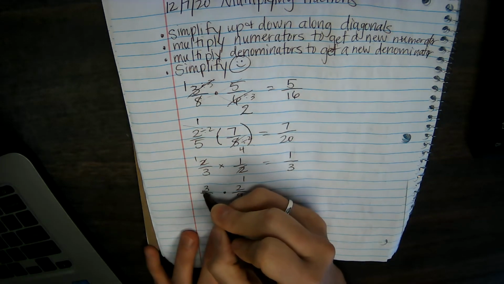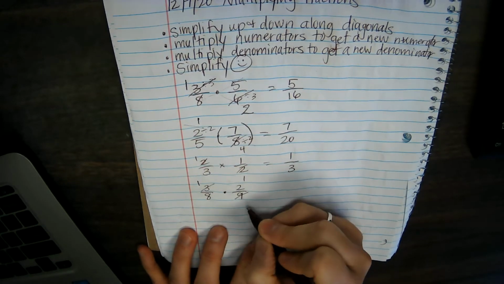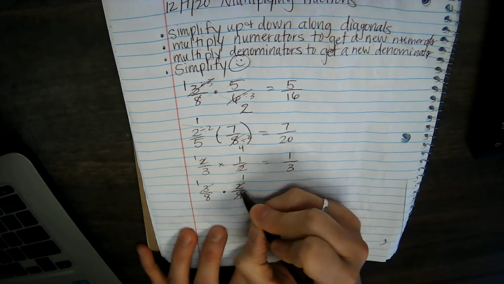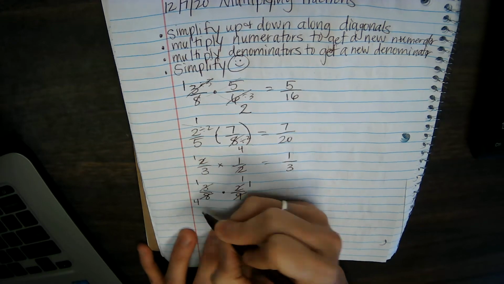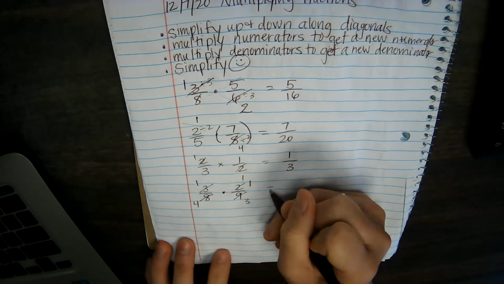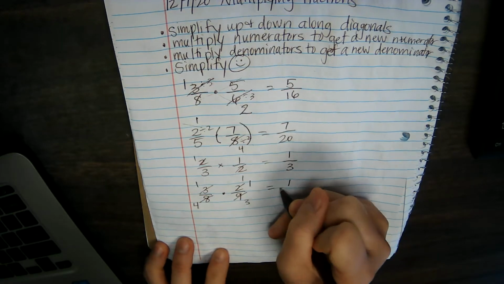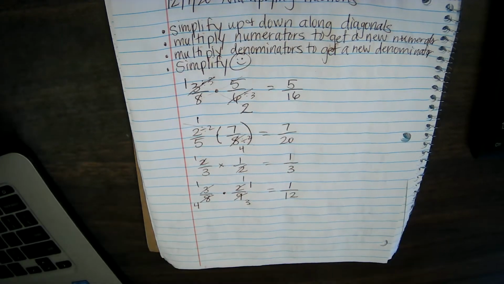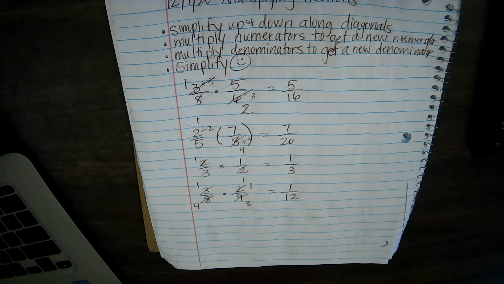I could take 3 out of here 1 time and out of here 3 times. I can take 2 out of here once and out of here 4 times. Well, that makes our multiplying a lot easier. 1 times 1 is 1. 4 times 3 is 12. See how that makes our simplifying at the end a lot easier?